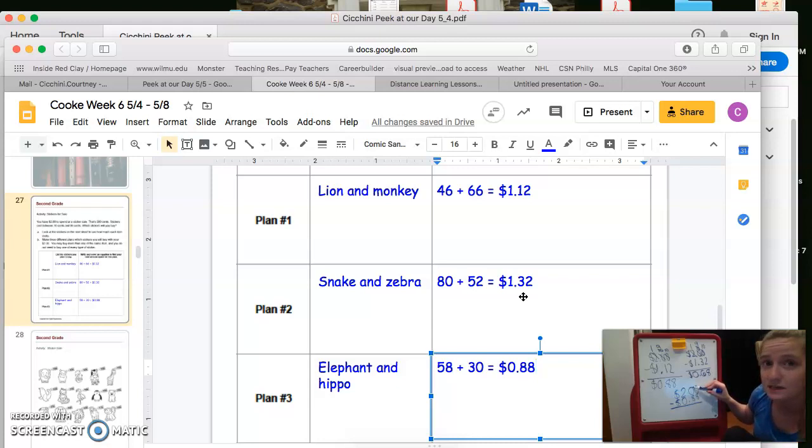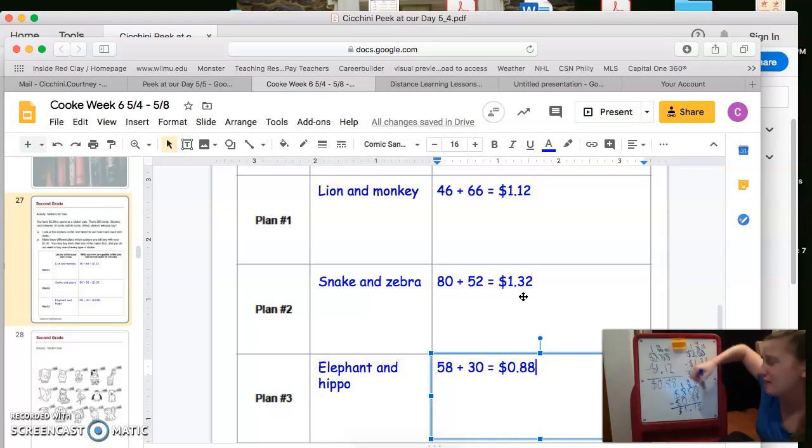I can't ungroup a 0, so I go next door again. 2 becomes 1, 0 becomes 10, 10 becomes 9, 0 becomes 10. 10 minus 8 is 2, 9 minus 8 is 1, and 1 minus 0 is 1. I add in my dollar sign and my decimal, and my change is $1.12.